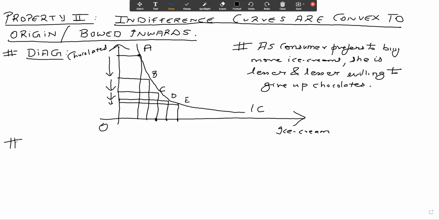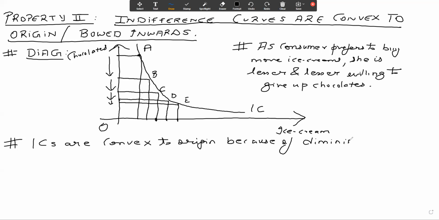Indifference curves are convex to the origin because of diminishing marginal rate of substitution.